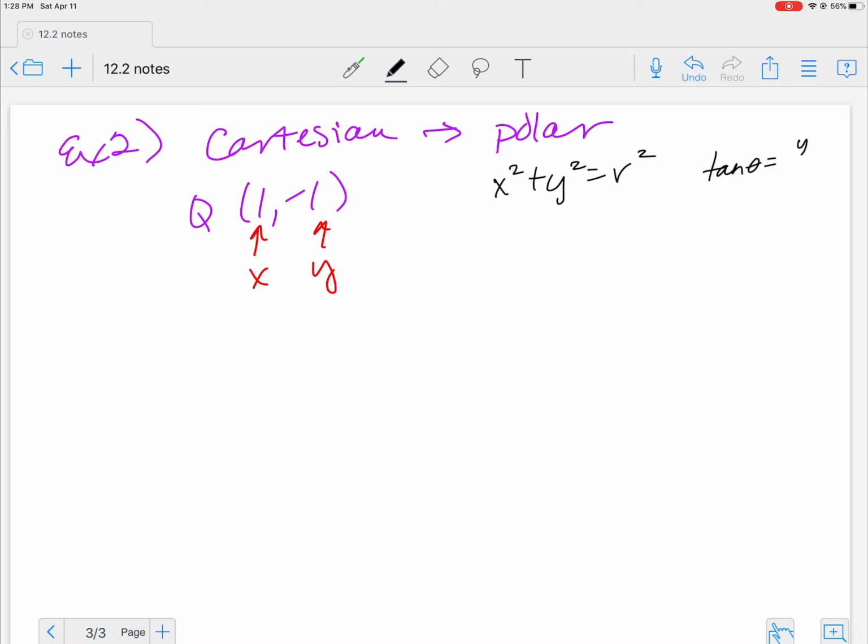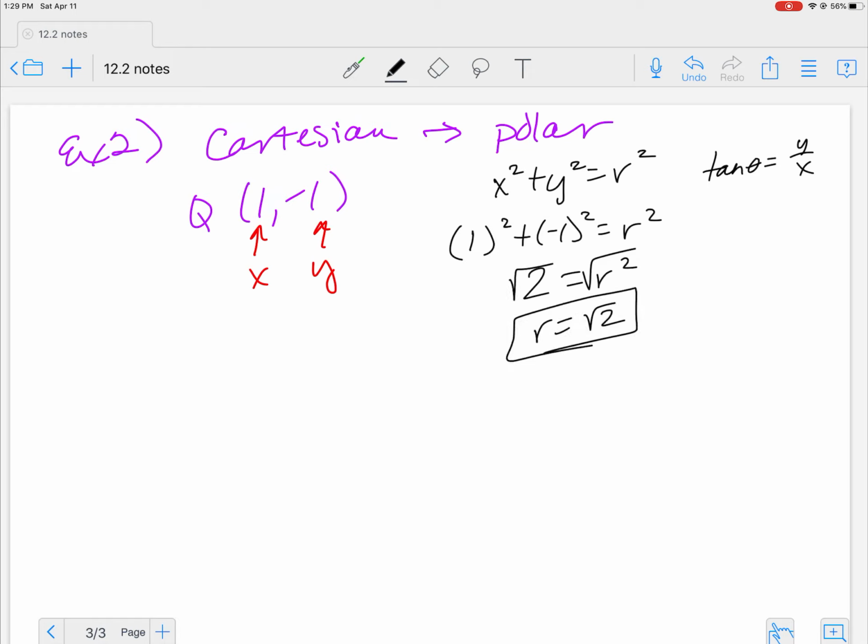And the tangent of theta is y over x. So you literally plug that stuff in then, right? That's all you're doing. So I now have 1 squared plus negative 1 squared is equal to r squared. So 2 here is equal to r squared. So r is equal to the square root of 2.